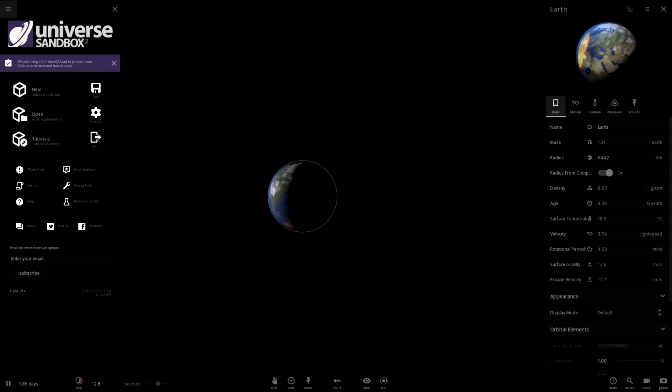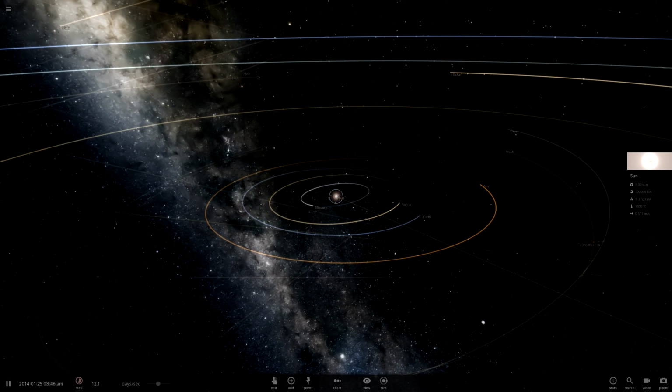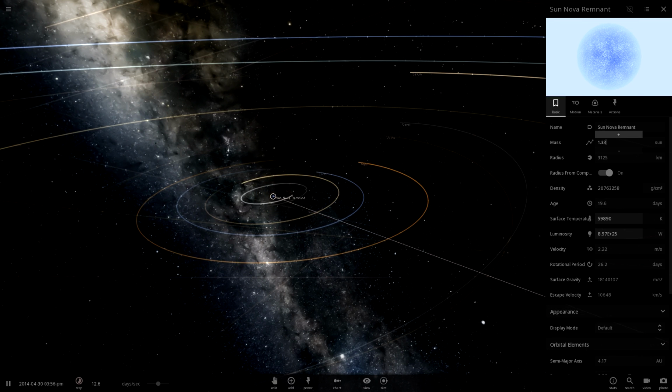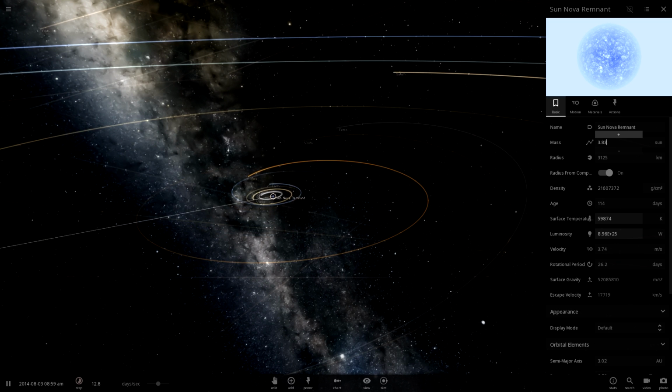And let's try the third way to break this, and this is going to be infinite mass. You can keep adding mass to objects in this game, which we're going to use the sun for this. Yeah, we made a little nova, but we can expand the sun again.